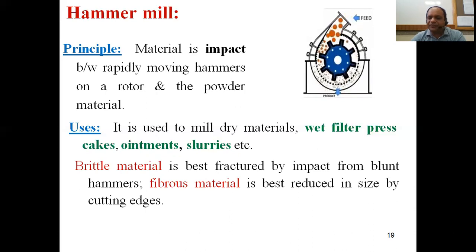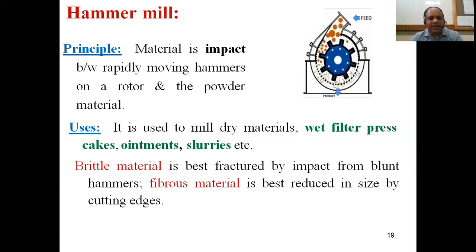Brittle material is best fractured by impact from blunt hammers. Means brittle material has the tendency, if a blunt hammer hits a brittle material, the material will be fractured into parts. And fibrous material is best reduced in size by cutting edges.